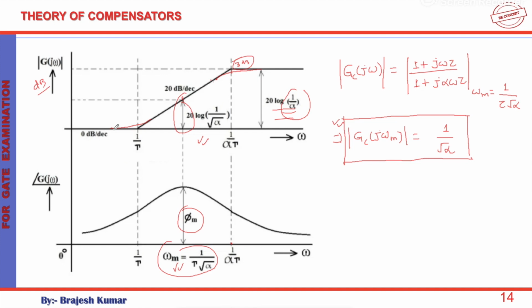So you have a gain of 1 upon alpha at higher frequency, and no gain at lower frequency, below the first corner frequency, which is equal to 1 upon tau.